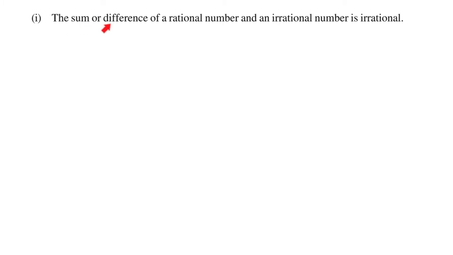The sum or difference of a rational number and an irrational number is always going to be irrational. For example, is 2 a rational number? Yes. Plus, is square root 3 an irrational number? Yes. So when you add the two, the sum is going to be an irrational number.